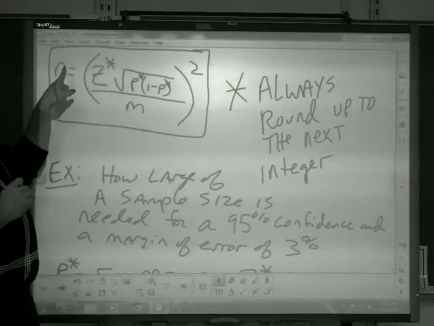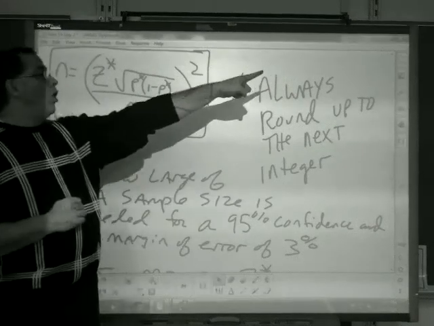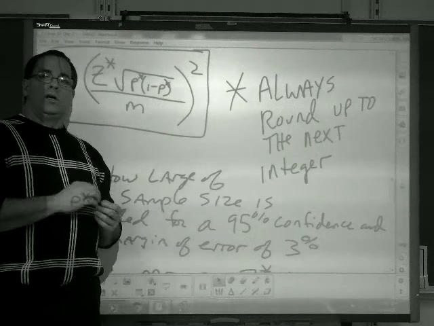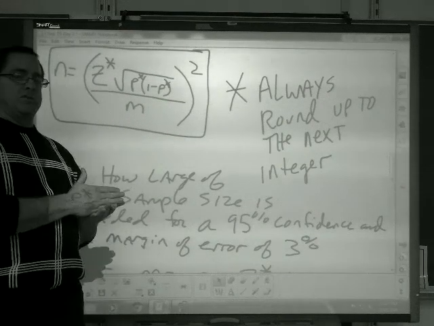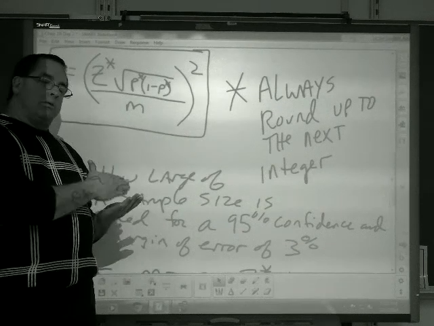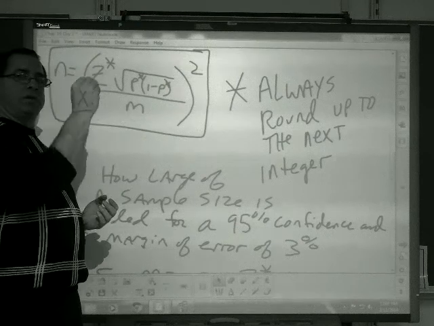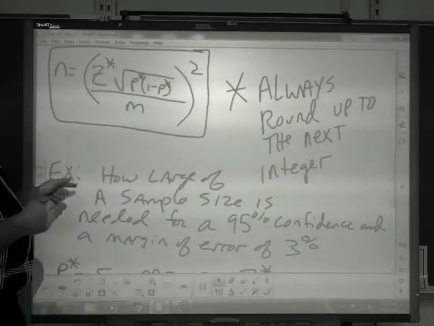One thing to note though, to make sure that we meet the minimum sample size needed, we will always round up to the next integer. So I don't care how low the decimal is. It could be 130.005. We would round up to 131 because we want to make sure at least we get the minimum needed.